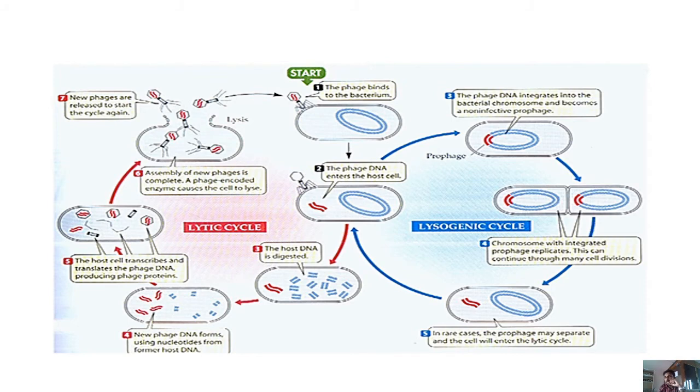That is, some of the phages have a lysogenic cycle, and some of them have a lytic cycle, and some of them can shift between these two. They are known as temperate phages. This M13 phage is an example of a temperate phage.